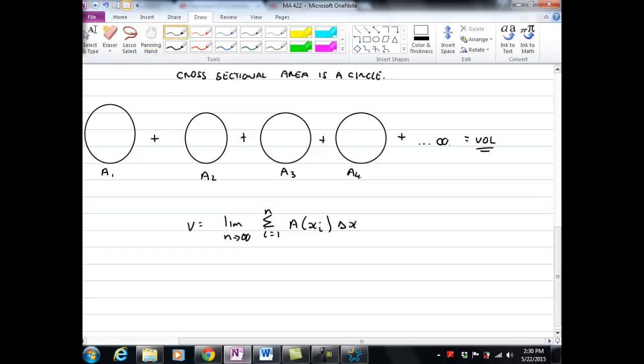But instead of writing all this up to infinity, I can use the integral from a to b of A(x) dx. So if I take the integral of area, what I'm left with is volume. That is the main concept.